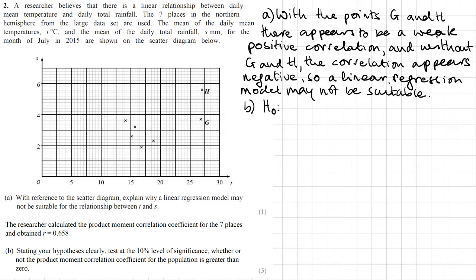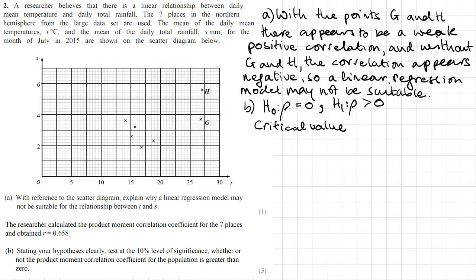So H0 is always going to be that the PMCC for the population is 0, so rho is equal to 0, and then the value of rho we're testing to see if it's greater than 0, so we're testing to see is rho greater than 0. Is there some sort of correlation there? Now for this one we don't need to do a calculation, we just look up in the formula book for the critical value.